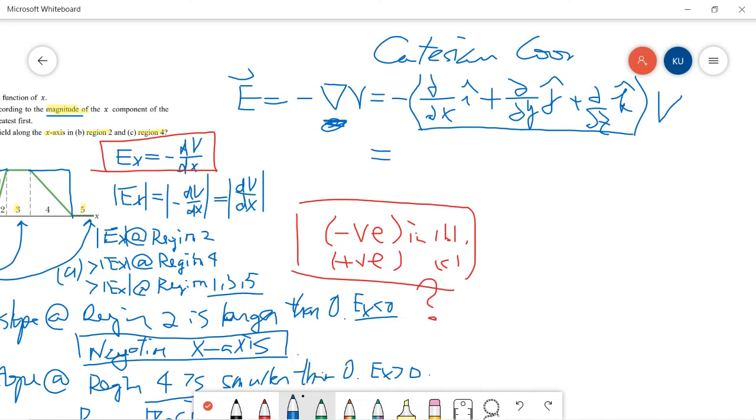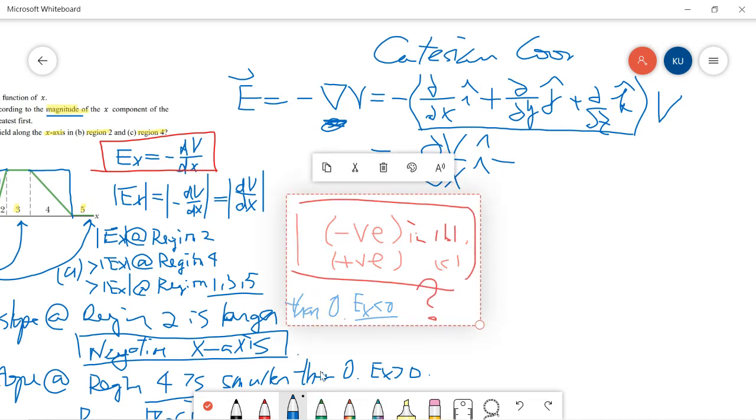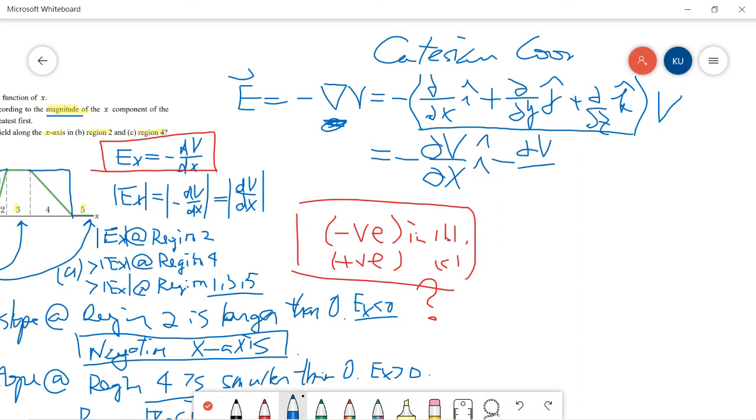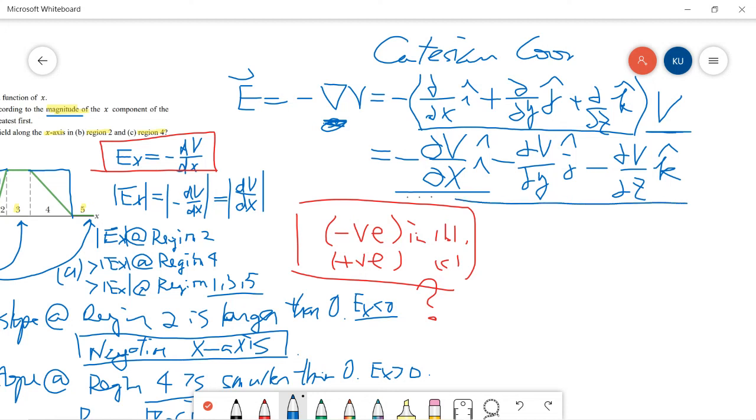So if we explain it, it can be something like negative partial V over partial x in the i direction, partial V over partial y in the j direction, partial V over partial z in the z direction. So we use this gradient operator to convert a scalar V into a vector.